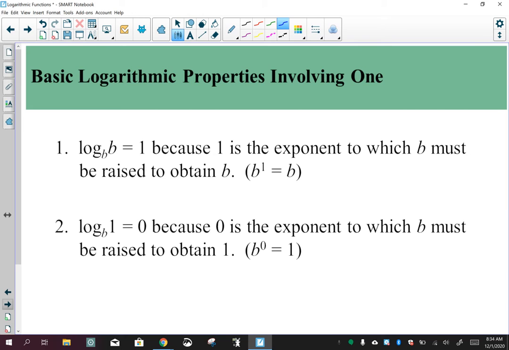Anytime you have these two right here and they're ever the same, you're going to have a setup that looks like this. So if I have b to the first power is equal to b, that is what I'm going to wind up with as an answer. Whatever it is I'm solving for is going to be the same thing.